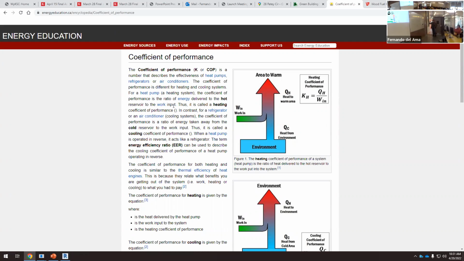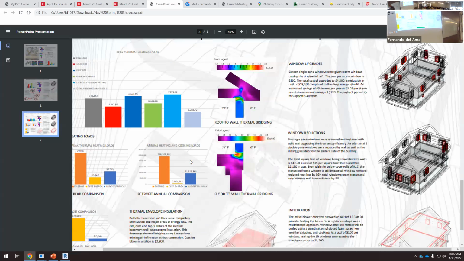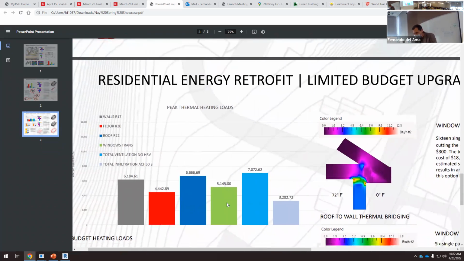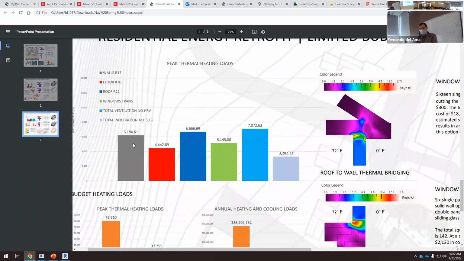With the Revit report, we get the peak heating load. With my Excel file, Scott, you have calculated heating loads here. Those are heating loads, those are watts. So you have to add up 6,000, 4,000, 6,666, whatever.